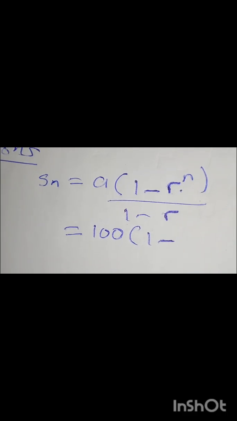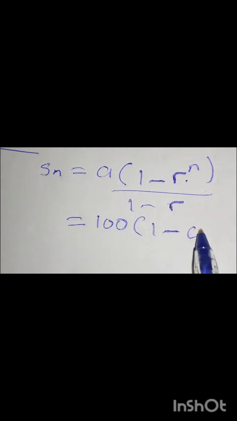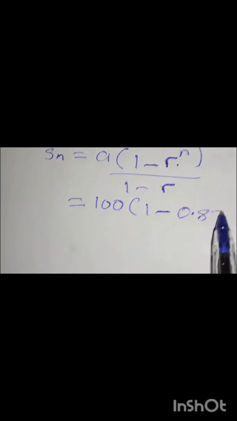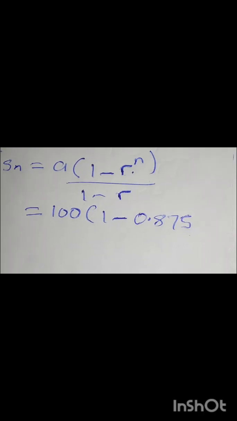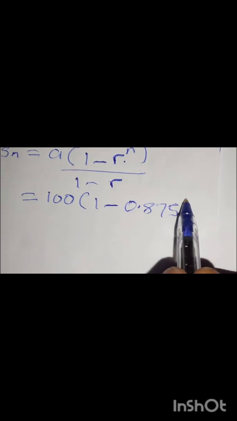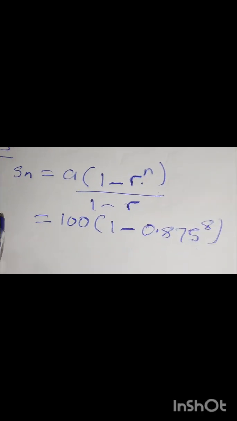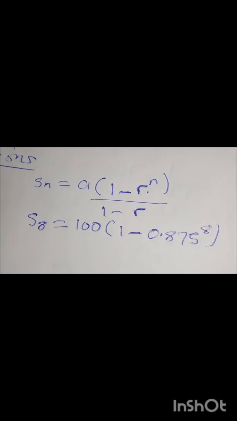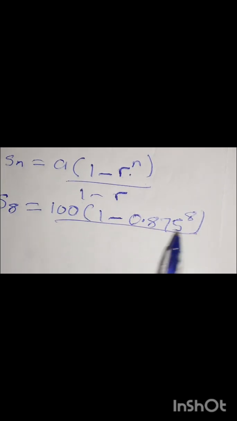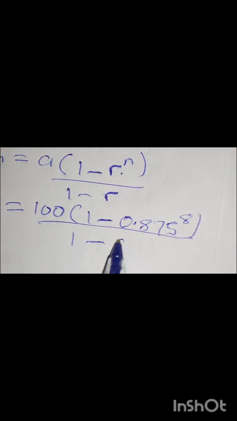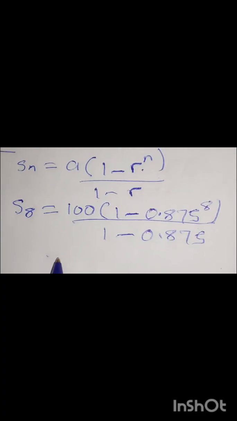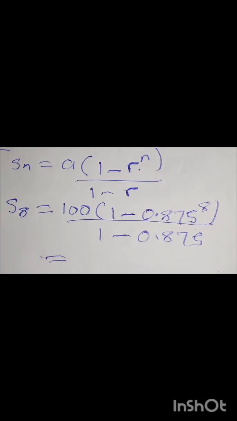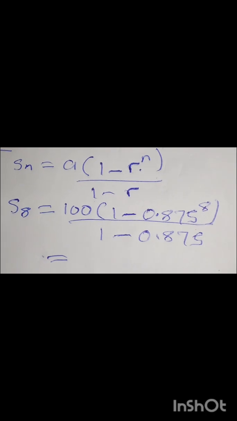We found r to be 0.875. Then n is 8, because we found n is 8 here. So this is the sum of 8 terms: 100 times (1 minus 0.875 to the power 8) over 1 minus 0.875.